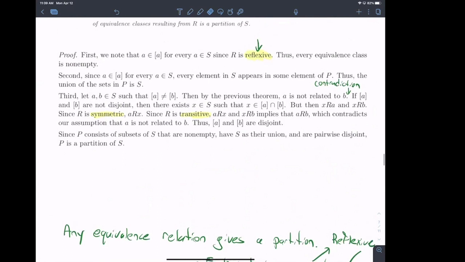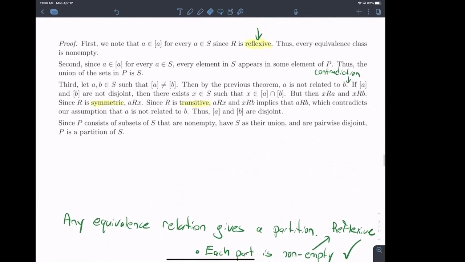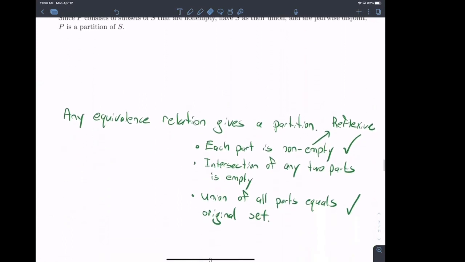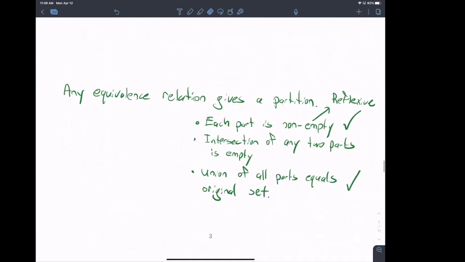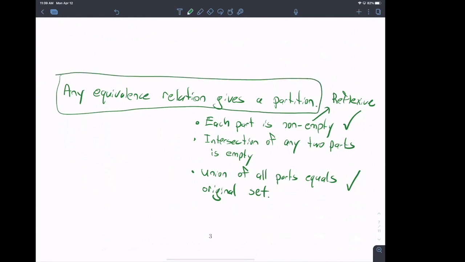Any questions about that? Was that kind of like the proof to show that a partition is an equivalence relation? So this told us that any equivalence relation gives a partition, and the next part is to show why any partition would lead to an equivalence relation, and then we get that equivalence relations and partitions are the same thing.